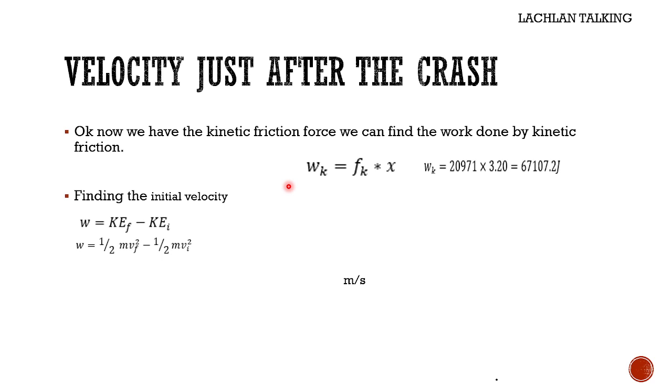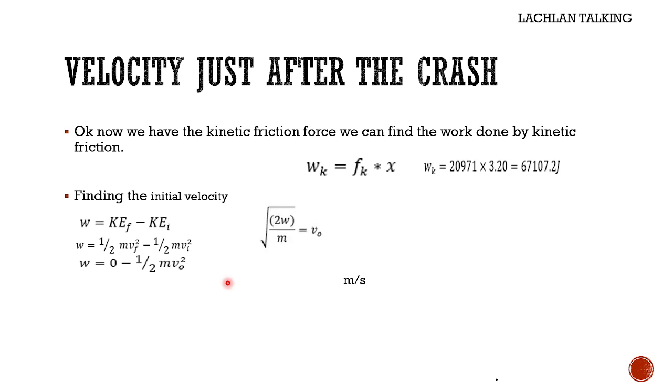Finding the initial velocity, we need to relate the final to the initial of the kinetic energies. We know the final velocity in this car crash is 0 because the cars are not moving, so we don't need to worry about that. It will be all done by the start of the crash, the initial start of the crash. So that's one half times the mass of the vehicles times the initial velocity squared will give us the work.